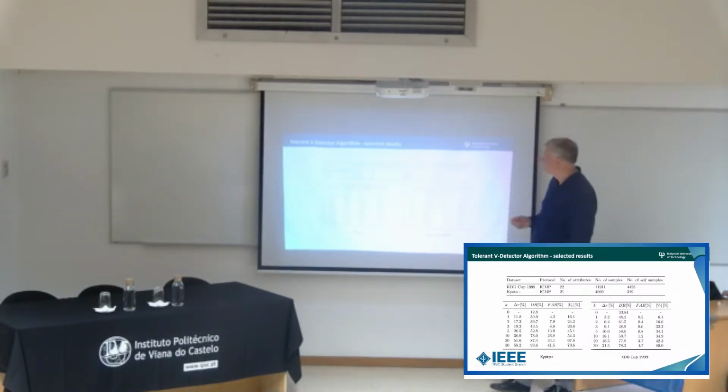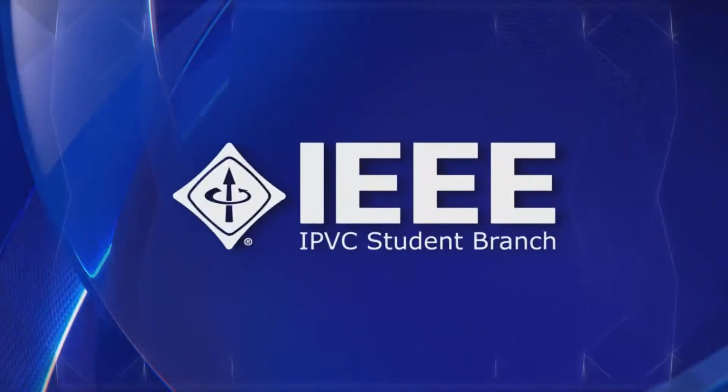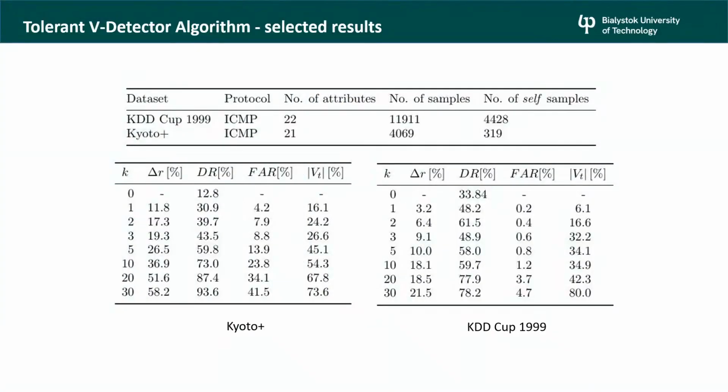As for the results of the tolerant detector algorithm, it was of course tested on a lot of types of data sets, but here you can find the one from KDD Cup 1999, which consists, as I said, of network connections, and those data sets are used for testing network attack algorithms.